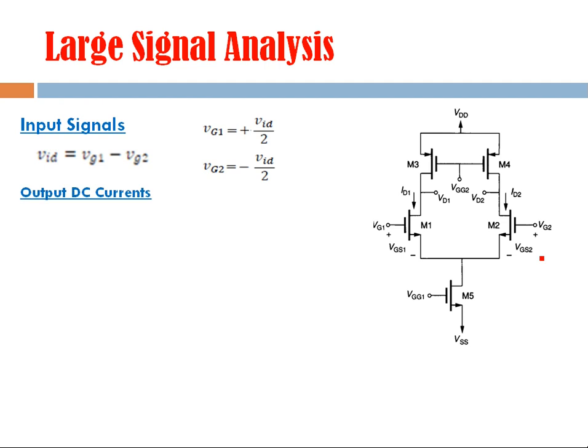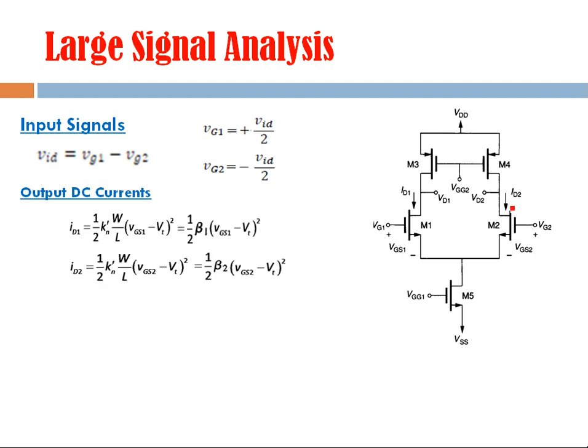And if we talk about the DC currents in the circuit, so this ID1 which flows here is given by this equation. It's the very famous equation for current in the saturation region of a MOS device, and the same equation will give you current in this second branch ID2. But remember, ID1 plus ID2 is always equal to ISS, which flows through this branch, right?